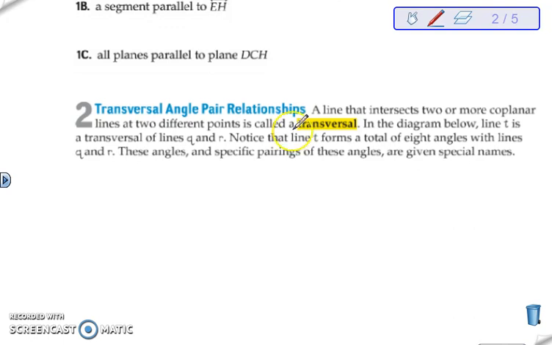Okay, so our next new word, transversal. The easiest way to think of a transversal is that it is a line that passes through two other lines.